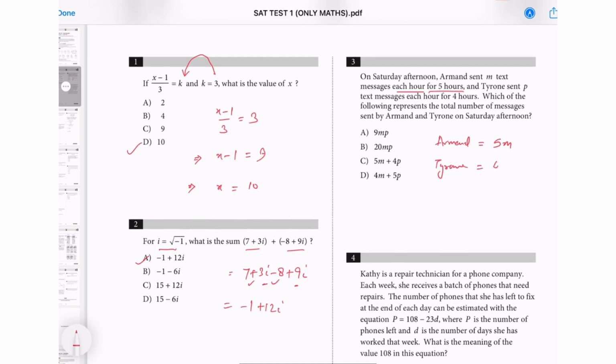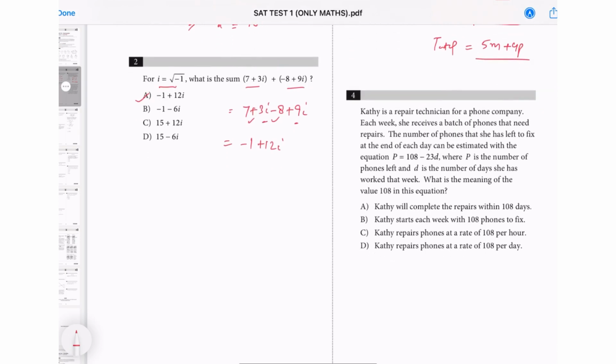So we can just multiply the number of hours with messages per hour, you get total messages sent. Now which of the following represents total messages? Simply add the two. Since they are unlike terms, we cannot add them. We can just write 5m plus 4p. So this is the answer C.